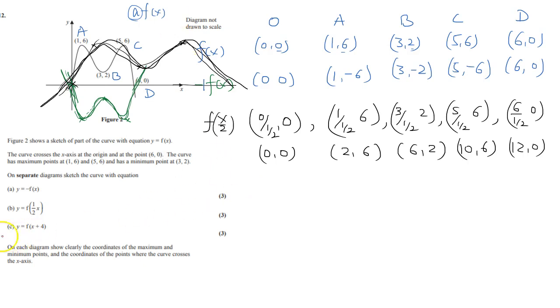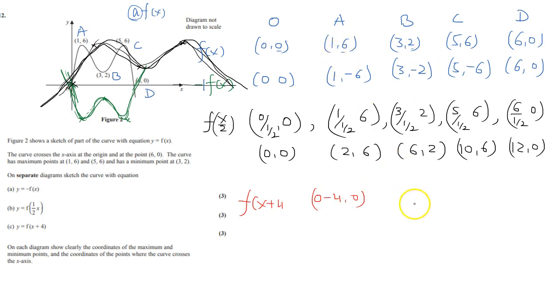Now the next is f x plus 4. When it is inside, if it is f x plus 4, it means y will increase by 4. You add 4 in all the y. But if it is this, you subtract x by 4 in all this. So your coordinate will be 0 minus 4 and 0.